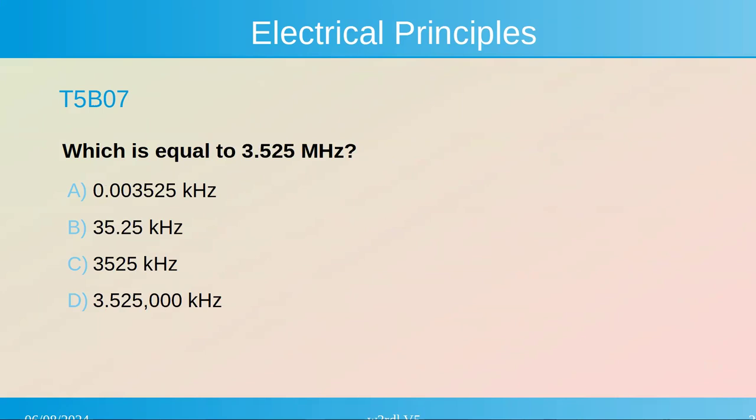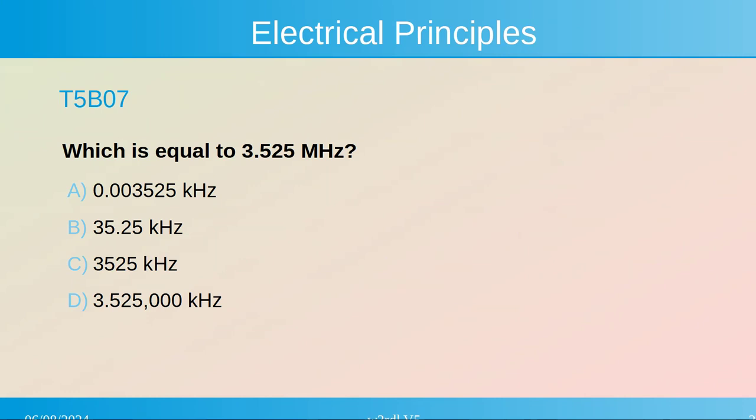Which is equal to 3.525 megahertz. Now, fortunately, they're all in kilohertz, so it's a simple conversion. I want to go megahertz to kilohertz. Remember, there's 1,000 kilohertz in a megahertz.